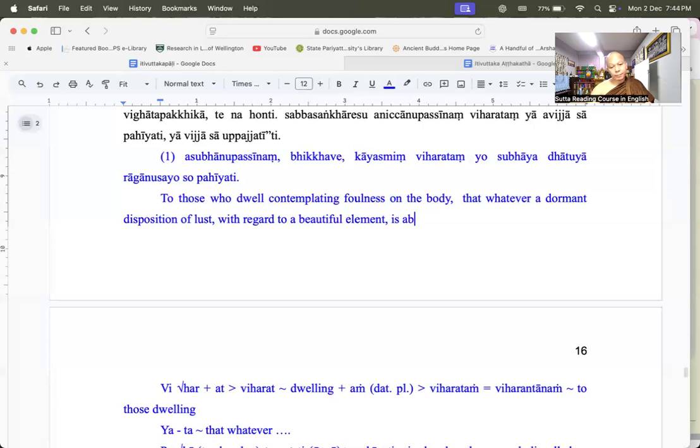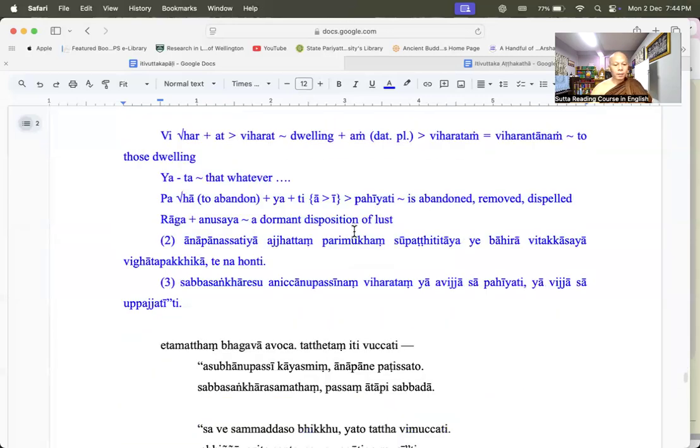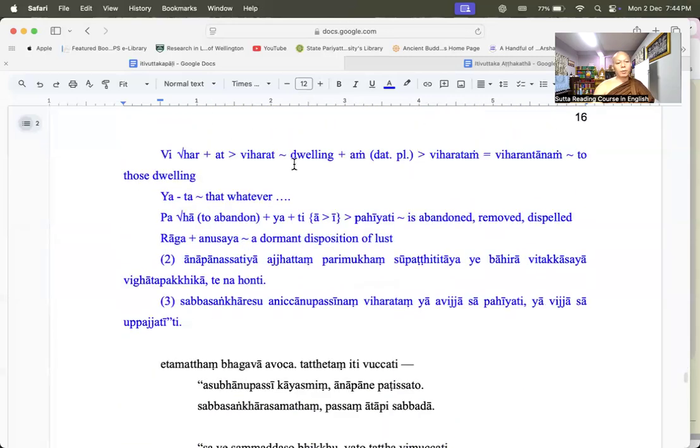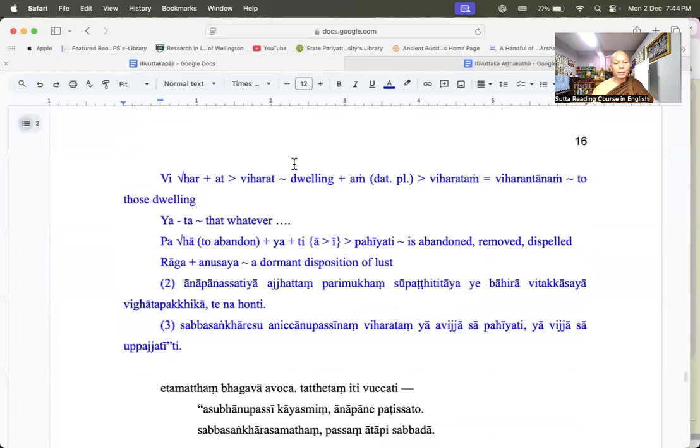He cannot abandon what is already abandoned, so that is why. That is one way of removing lust, attachment or lobha kilesa, in this way. That is the result of contemplating the foulness of the body.